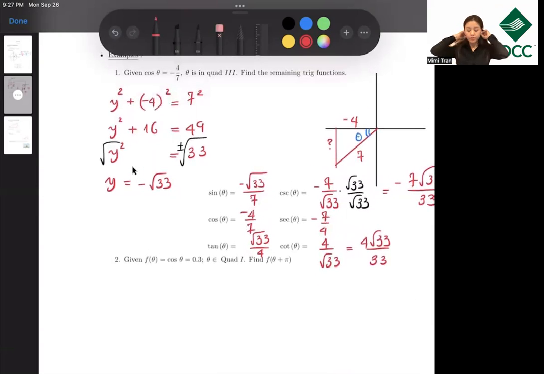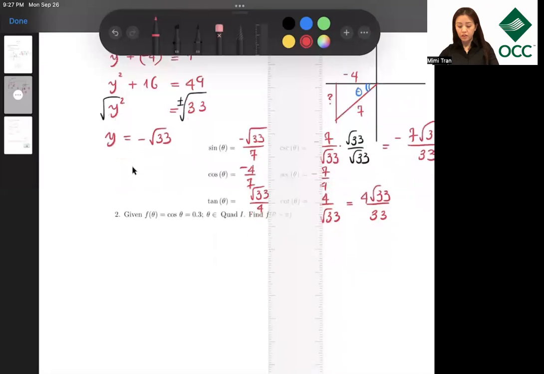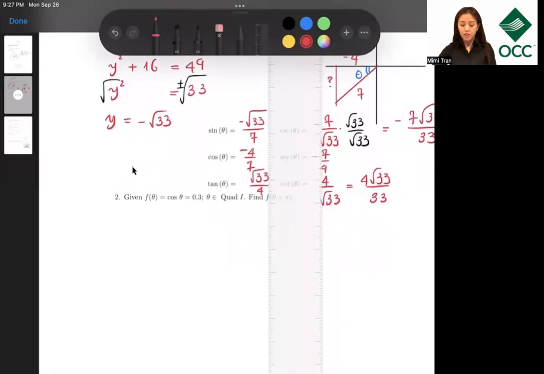All right, number 2. Given f of theta equals cosine theta equals 0.3. So they tell you that the width of the function is 0.3, where theta is in quadrant 1. It's important that you know what quadrant you're in, right? Otherwise, you don't know where to start. So let's draw this.